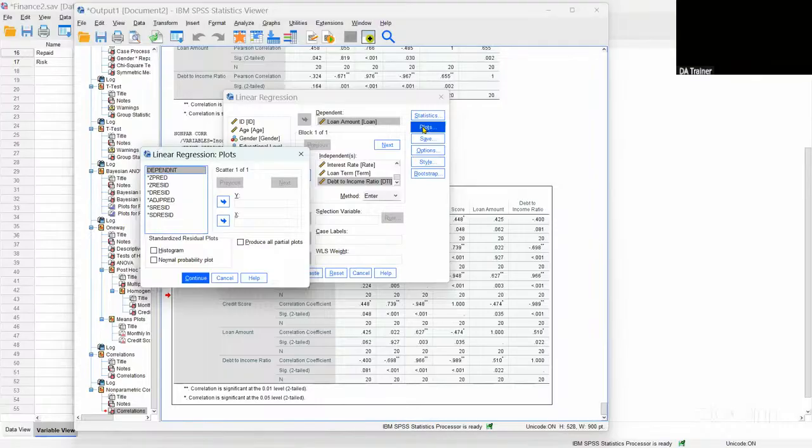We want to check the errors under this analysis, so that we will not be running on an error, statistical assumptions. So with this, we want to plot the Z prediction on X and then the Z residual on Y. Prediction to X, residual to Y. Tick the histogram.